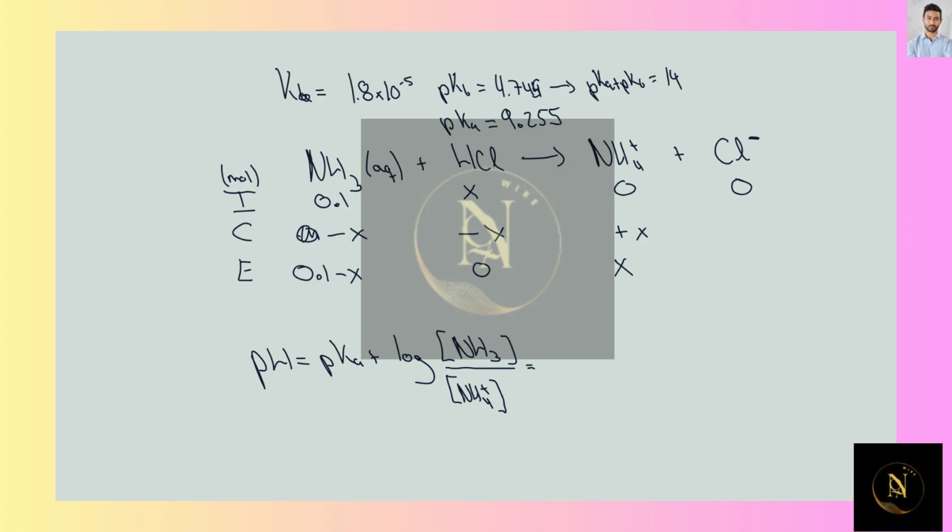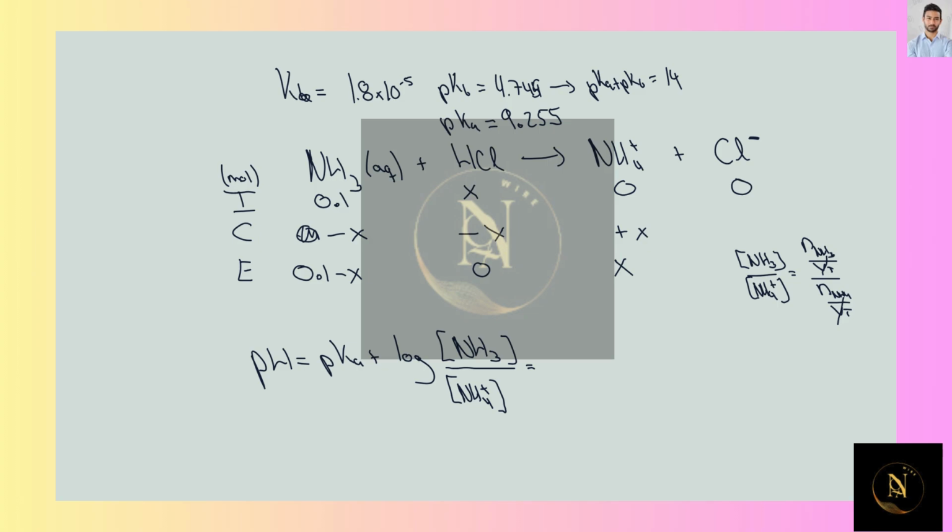We can directly employ the amount of mole in the Henderson-Hasselbalch equation because NH3 divided by NH4+ is equal to amount of mole of NH3 divided by the total volume, divided by amount of mole of NH4+ divided by the total volume. So at the end of the day, it is not going to matter the total volume of the solution because they are going to cancel out.